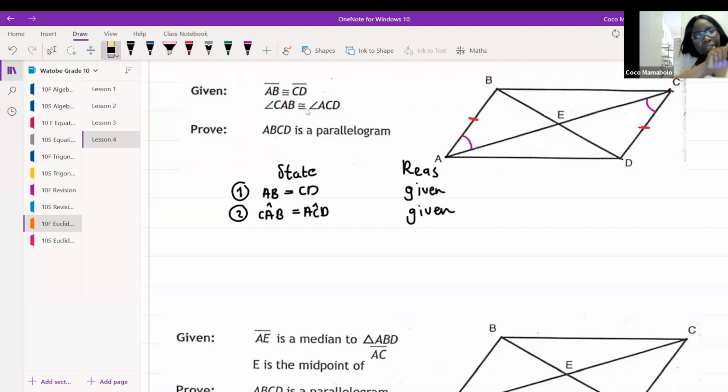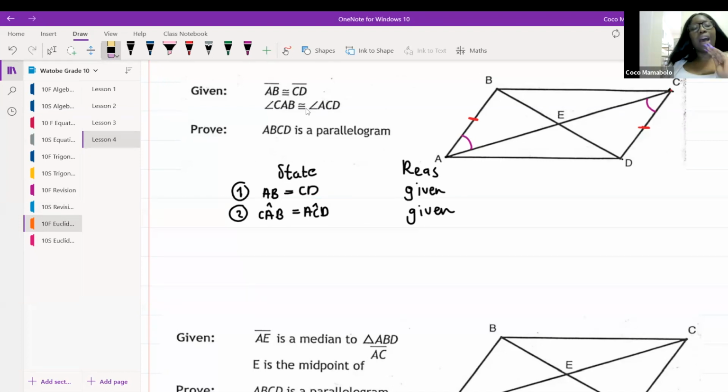In America, they write the line at the top to show that it's a line. In South Africa, we don't have to do that. Same with the way I've written my angle: in America, they write angle CAB, and in South Africa, we write the little cap over the letter. It has nothing to do with the sum at all.